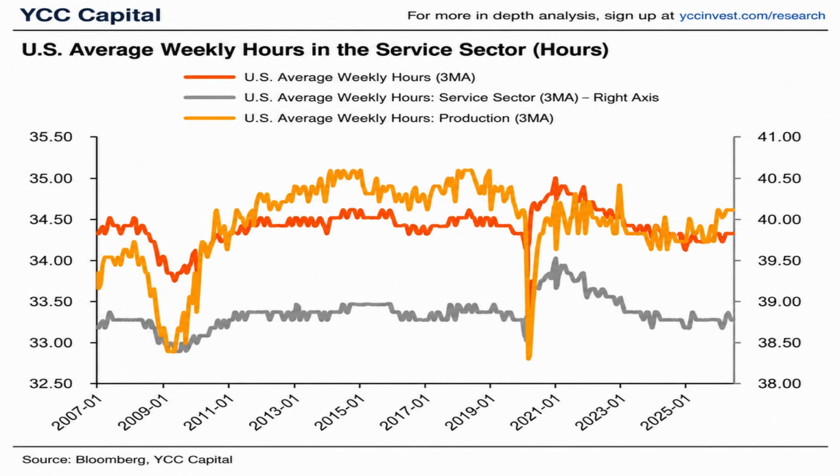Since services account for the overwhelming majority of U.S. employment, this resilience has helped prevent broader labor market deterioration. The key takeaway is that employers are managing labor costs primarily through modest adjustments in hours rather than widespread reductions in headcount. That is another hallmark of a soft landing environment. Companies are becoming more efficient without signaling a collapse in demand.